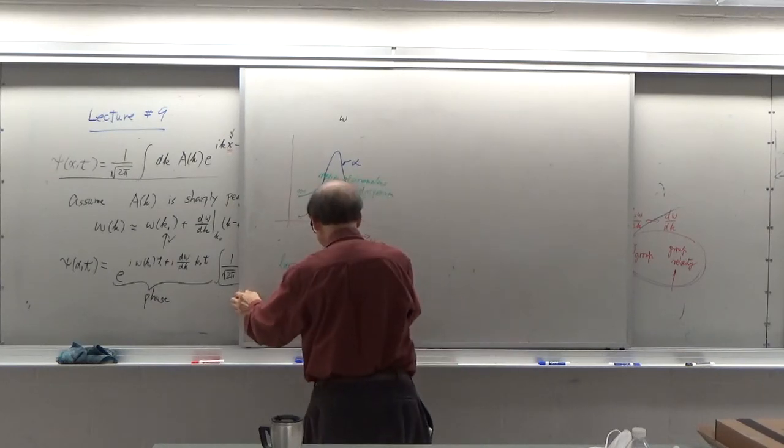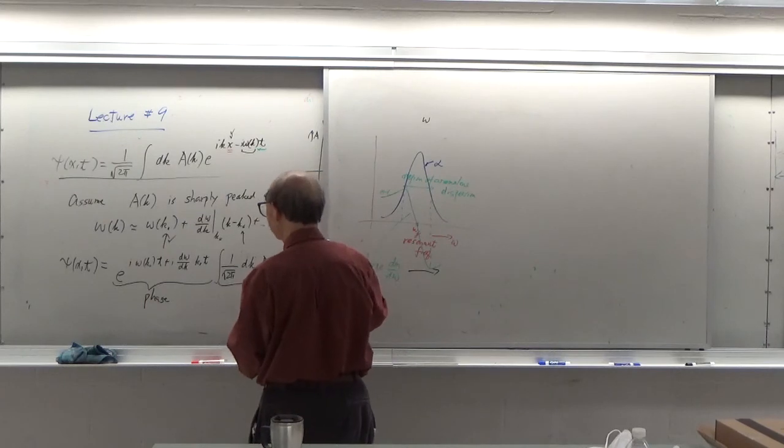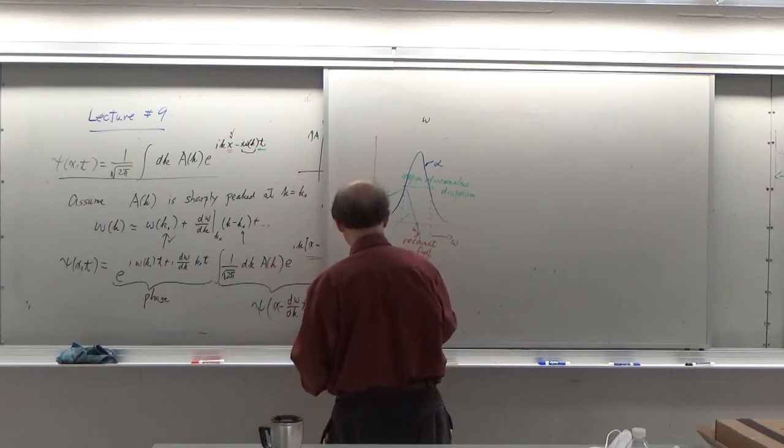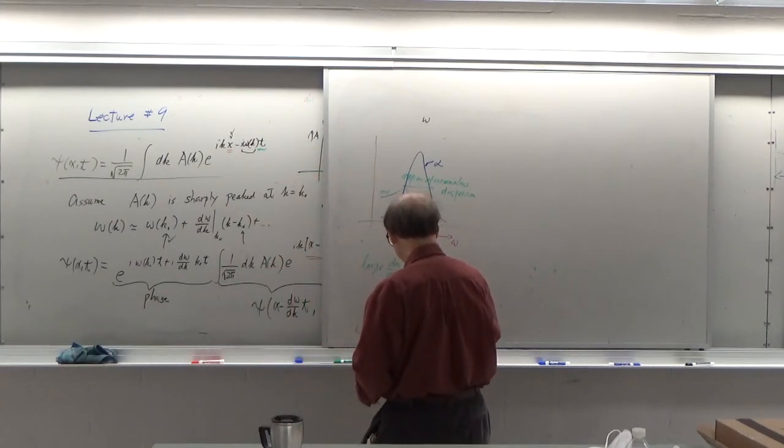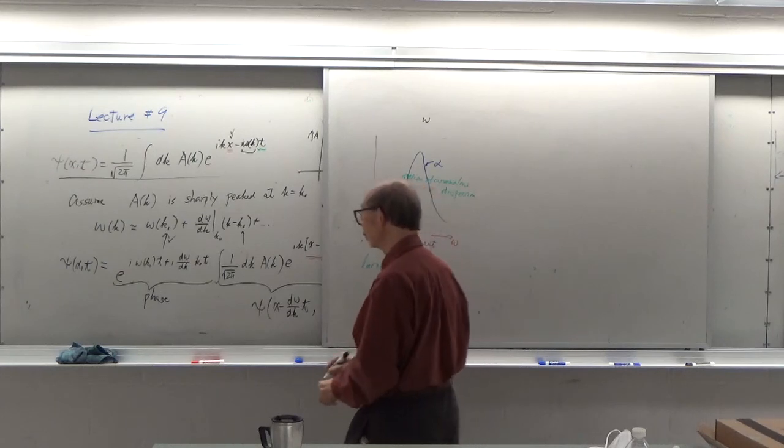But a large dn by d omega can be translated as d omega by dk being large.